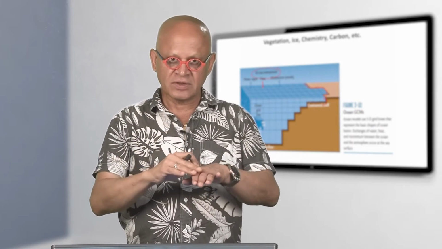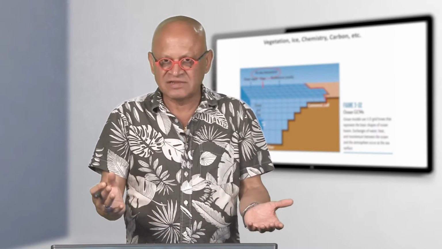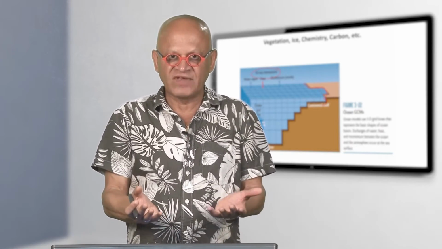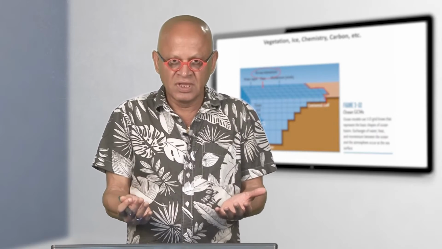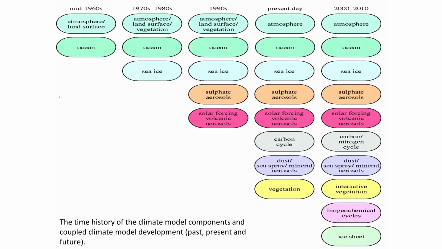Whereas in the ocean, the bottom forcing is very small. There may be some geothermal heating, some little hydrothermal vents which are very negligible, but it's mostly being forced from the top by momentum from the winds, the heat, and exchange of water vapor through evaporation, and so on and so forth. So these models are pretty amazing now, but they have taken many decades to come along.